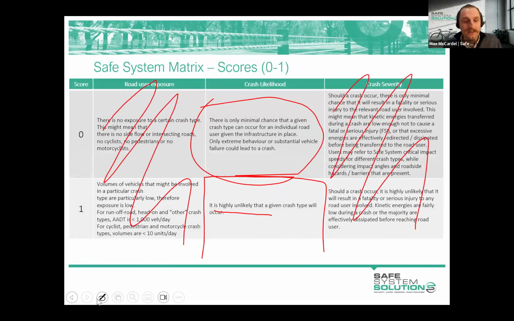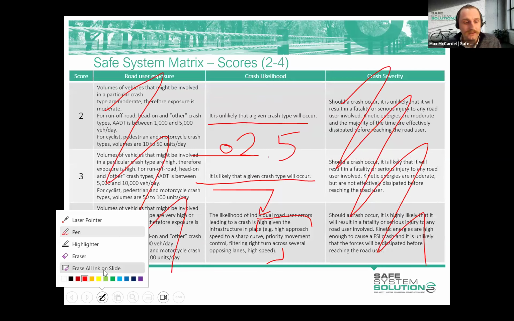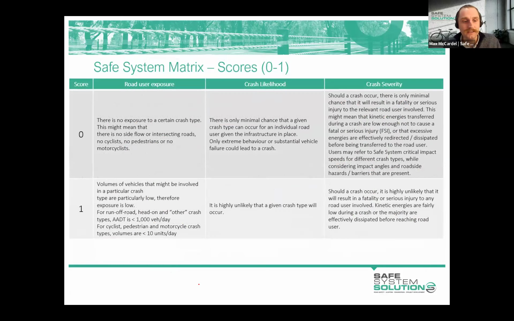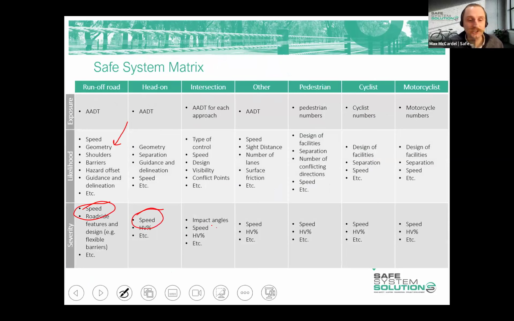So that is our likelihood category, and the final one is severity. Severity of crashes is always to do with speed: the speed of the crash, the impact speed. If you're able to influence that, you'll be able to get a reduction in score.